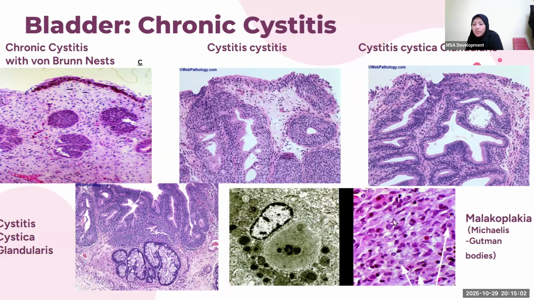They look like inclusion bodies, or Michaelis-Gutmann bodies. Again, they look like giant lysosomes resulting from the infection, and they have a lot of proteinaceous, protein-like material surrounding them due to the infection.